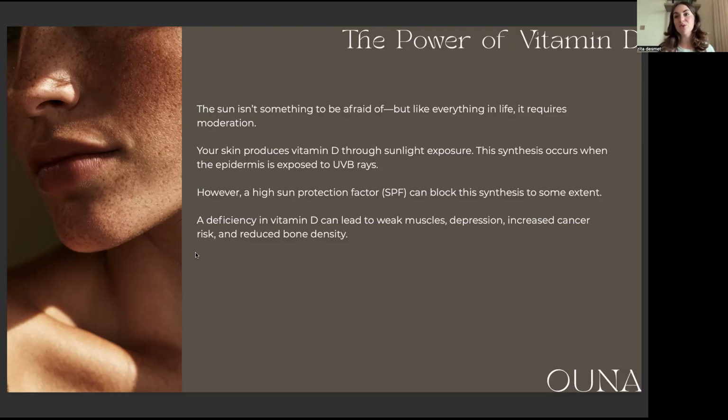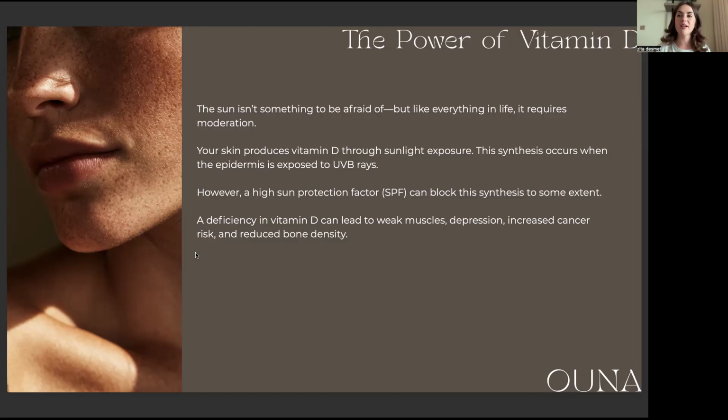The best way to get and absorb vitamin D is just to sit outside 5 to 10 minutes a day. And actually, the insides of your arms are for a lot of people less dark, but just expose a body part and sit in the sun for 5 to 10 minutes.